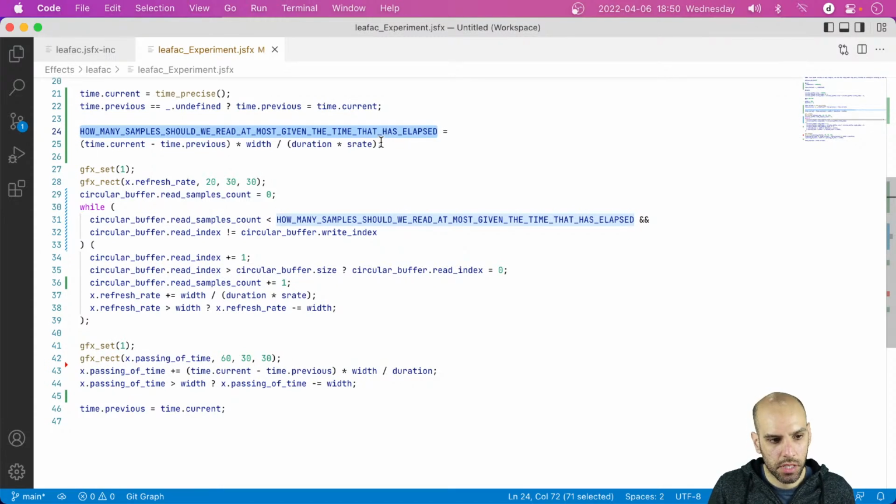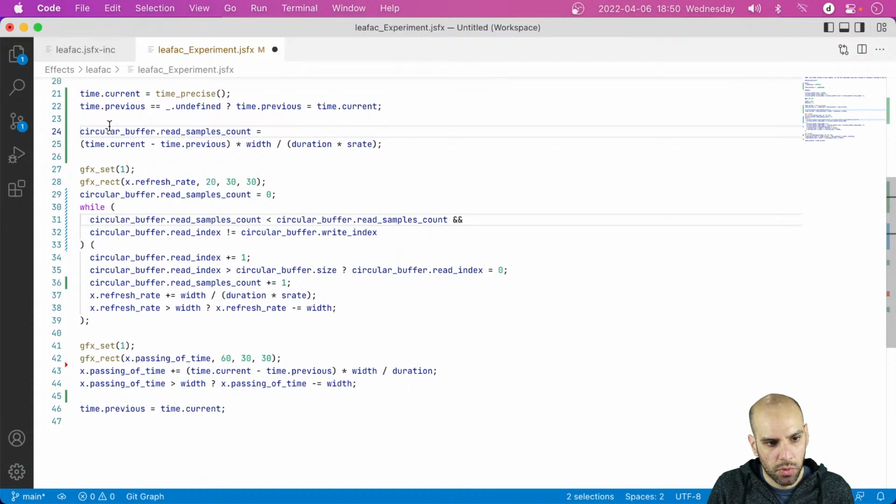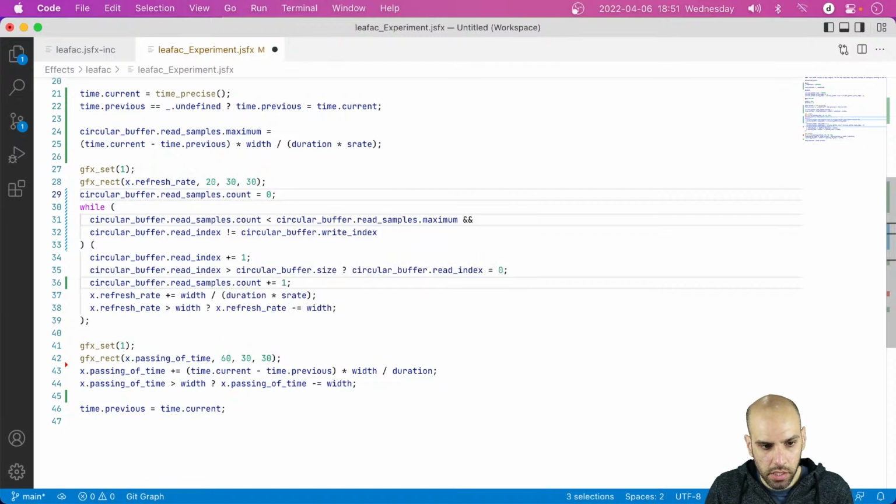I guess because we have this variable, I will have something based on that. So read samples maximum. And here I will call this read samples count. Or maybe not, just read samples.